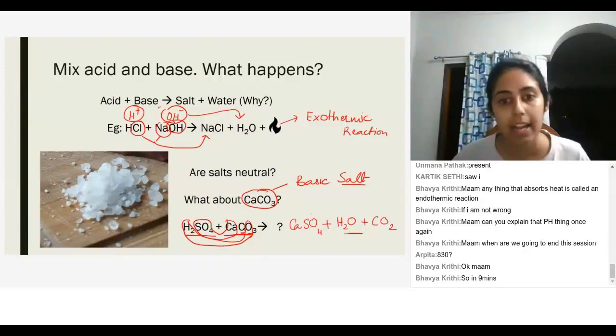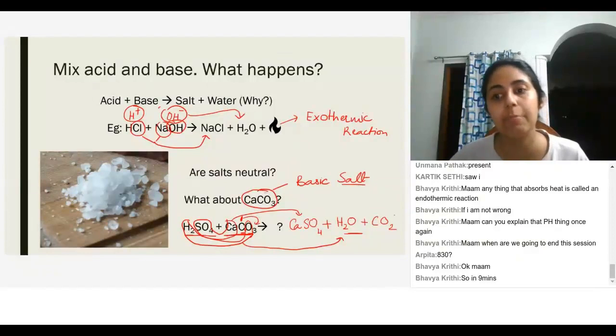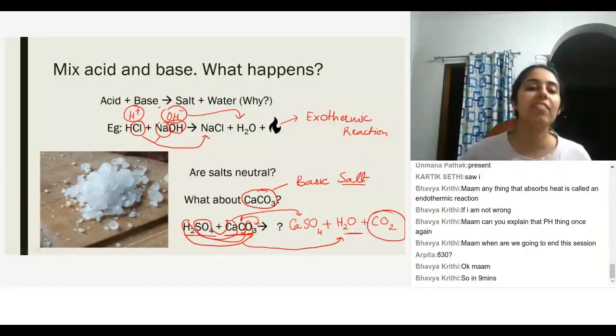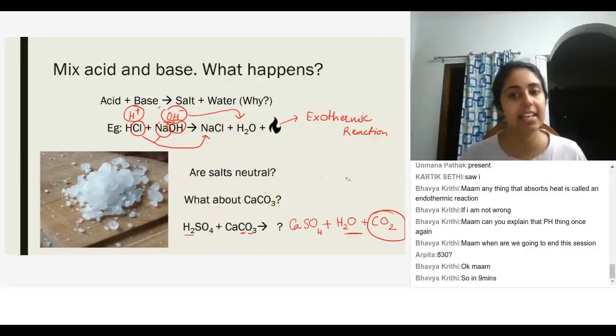So this forms CaSO4, this forms water. Remaining is this carbon and two of the oxygen atoms. So this carbon plus two oxygen atoms will form CO2. So whenever I have an acid reacting with a slightly basic salt, I end up getting a neutral salt like CaSO4, plus water plus carbon dioxide. In this situation, with CaCO3, I end up getting carbon dioxide.